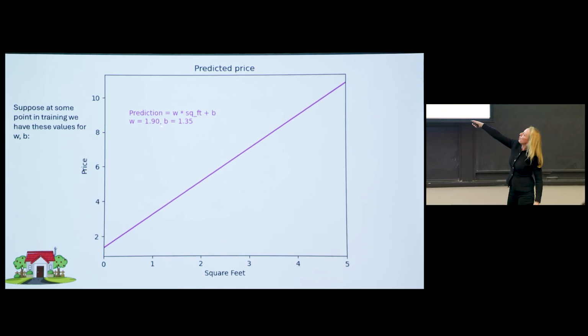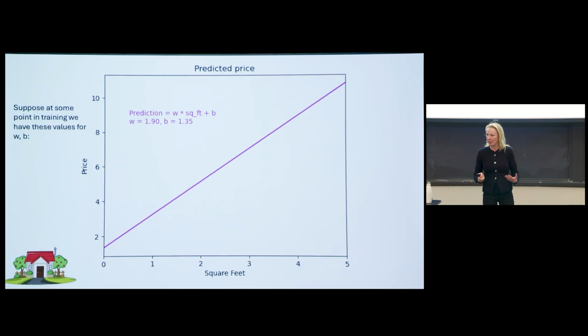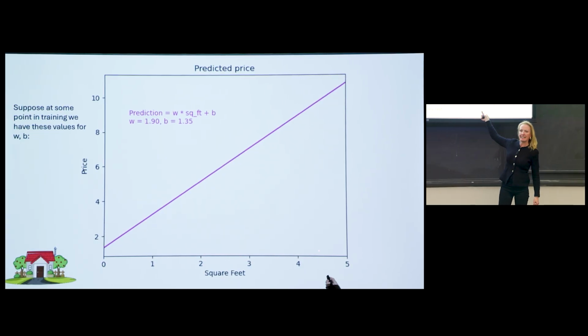These are just random numbers that I picked: maybe this weight W is 1.9 and this B is 1.35. Honestly, I picked these numbers at random, so you could think about this as a random starting point. This is the usual way we're used to visualizing data like this: the square feet is the input, it's given some kind of weight, and then maybe there's something that means I don't have to cross at 0, 0.